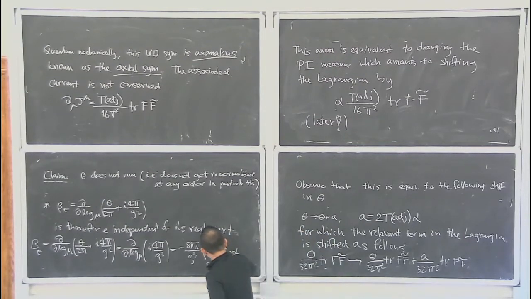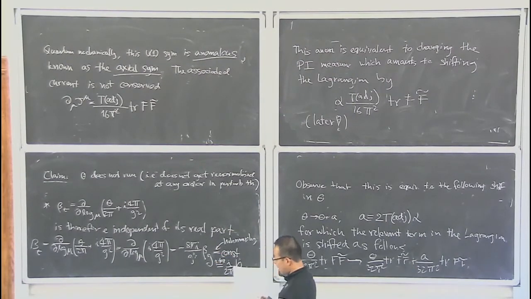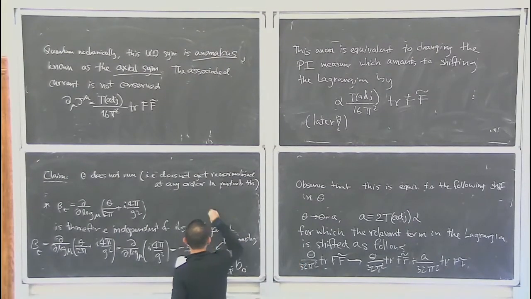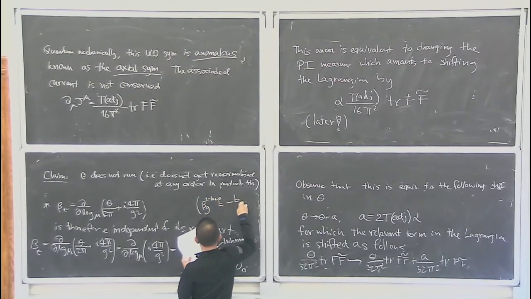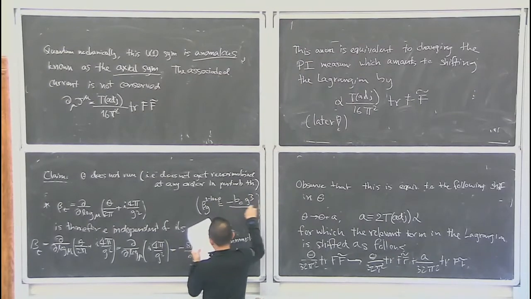So this is due to holomorphy, and since it's constant, this is due to the one loop result. You plug in the formula that I stated earlier. Recall that the beta of g at one loop is minus B0 g cubed over 16 pi squared.